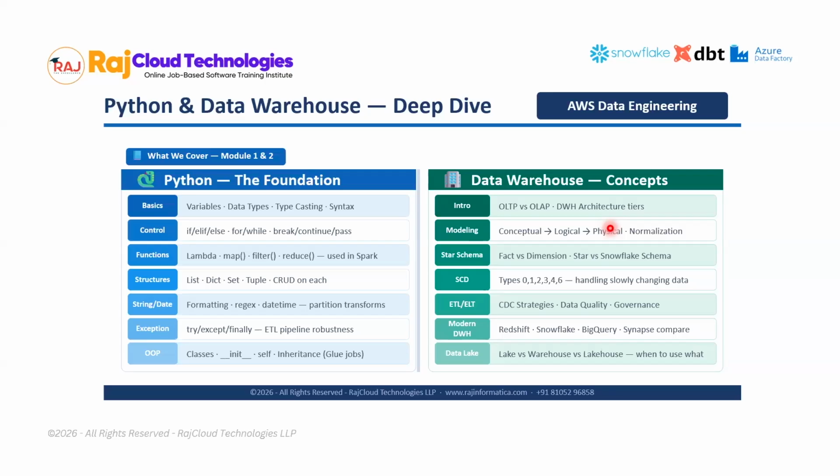For example, my account was a current account, after 3 months it became a savings account, and then again it became a current account. The use case here is that I want to implement SCD type 2 logic so that I have all the history maintained in my table. That's how we cover topic by topic in Python and data warehouse. We'll take use case by use case, not at the project level but at the use case level.